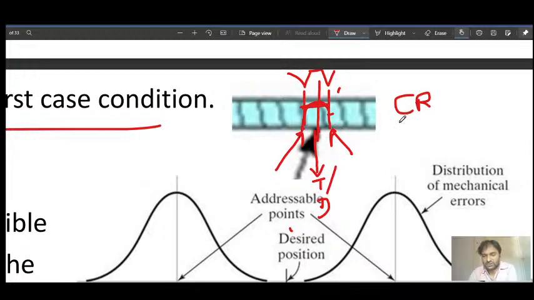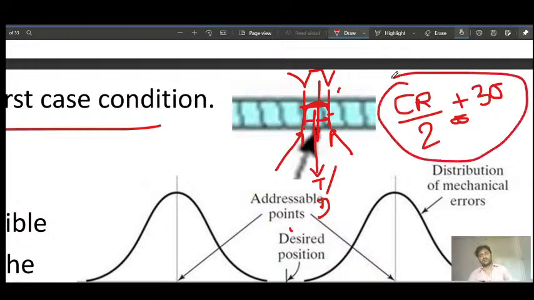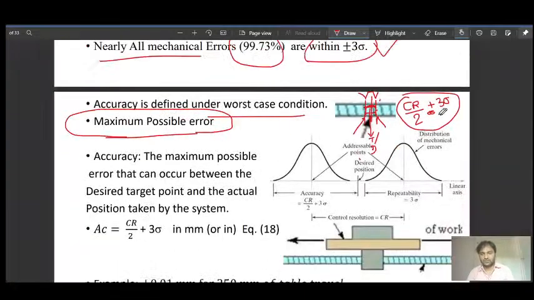So it would be control resolution divided by 2, either below this side or below this side. So CR by 2 plus 3 sigma. Since we are talking about maximum possible error, this is the maximum possible error. Although it should be plus minus 3 sigma, we consider the maximum possible error, so we neglected this much.